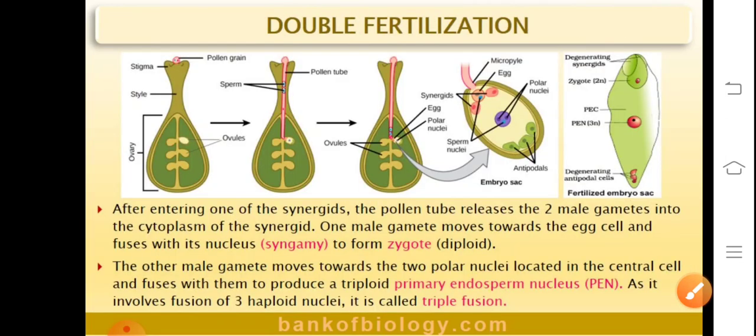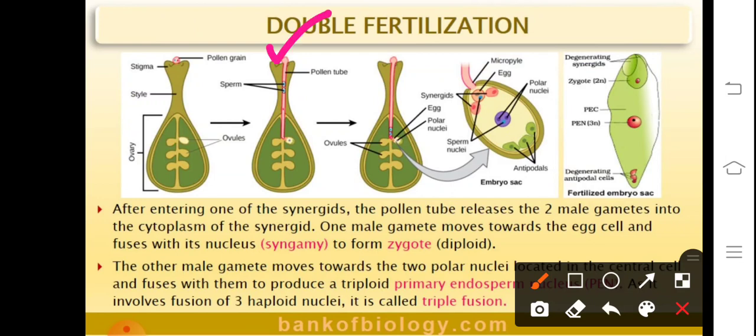The concept of double fertilization. Double fertilization is a characteristic feature of angiosperms wherein the sperm nucleus, which is depicted in blue, is fusing with the purple colored polar nuclei, and another blue colored sperm nucleus, or male gamete, fuses with the egg.